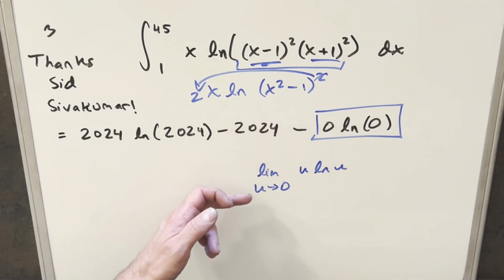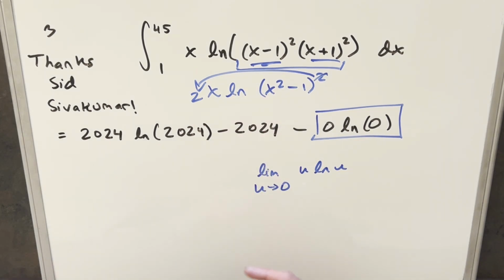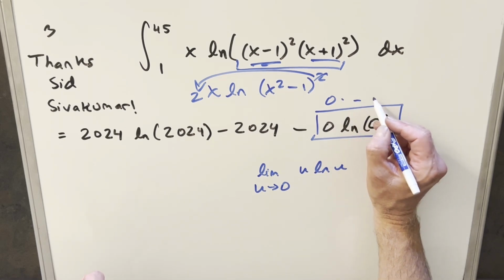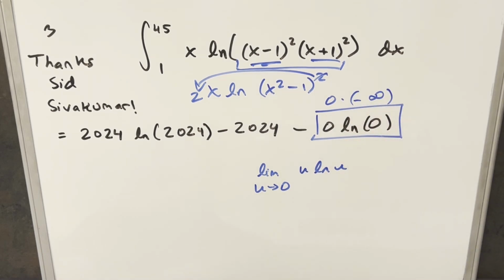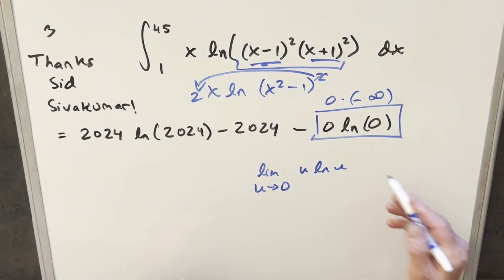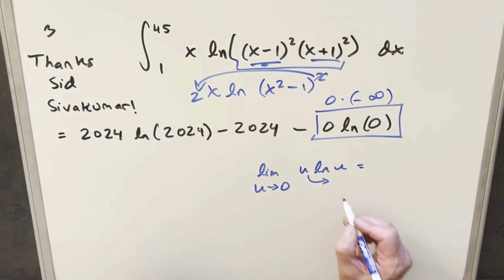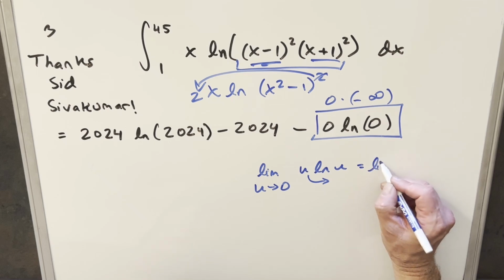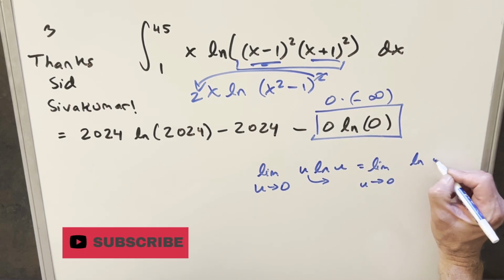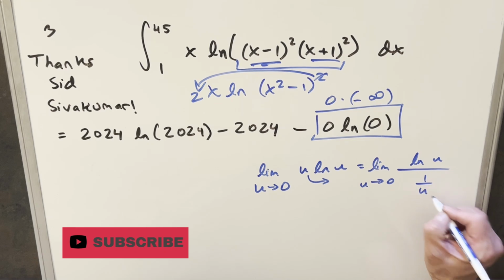As we saw, this limit is an indeterminate form, because this is the same thing as 0 times minus infinity. Looking at this, we're not sure what's going to happen, but I can bring this u into the denominator and rewrite it as the limit as u goes to 0 of natural log u over 1 over u.